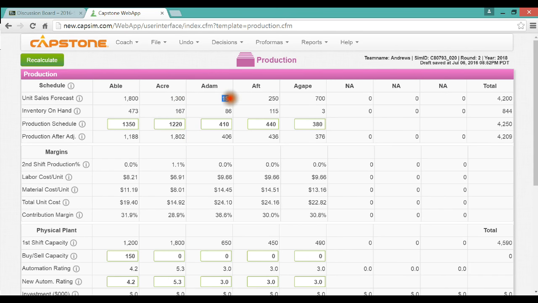Same here. I'm only forecasting 150, so I can decrease that production schedule. I already have some amount of inventory, so maybe I don't need that much. Maybe I can do 125. Here again is too high, so maybe I produce 200.